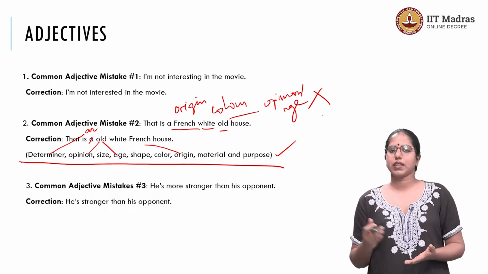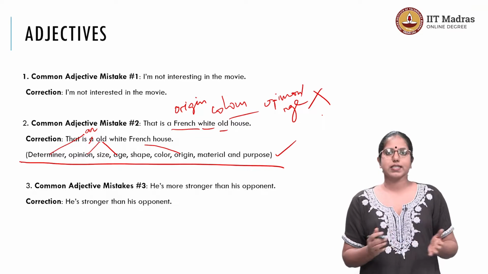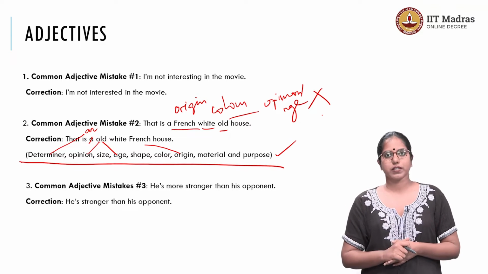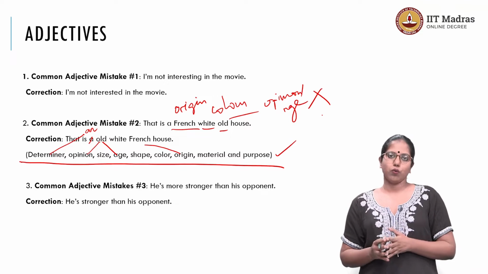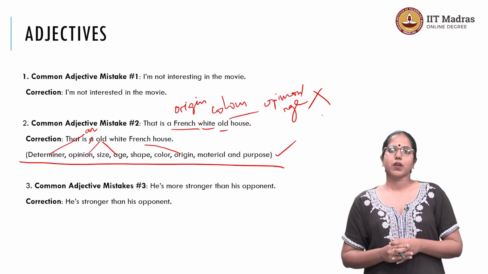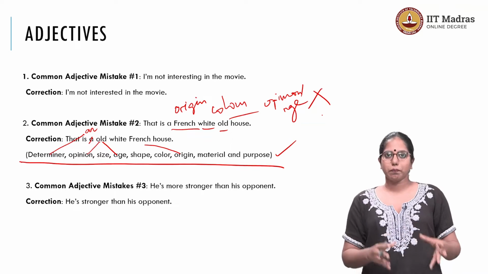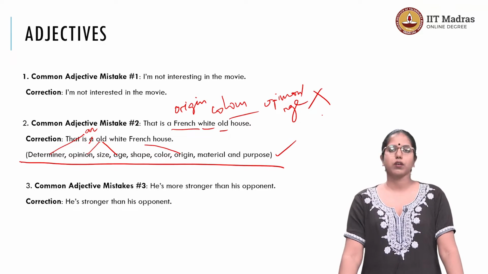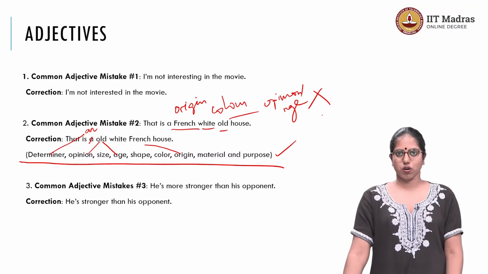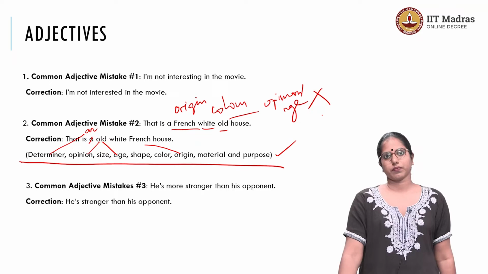You have comparative degree and superlative degree, the various degrees of adjectives, right? You must have learnt that. So, by now you should know that you don't compare a comparative degree, okay. So, you don't say more stronger or less stronger.